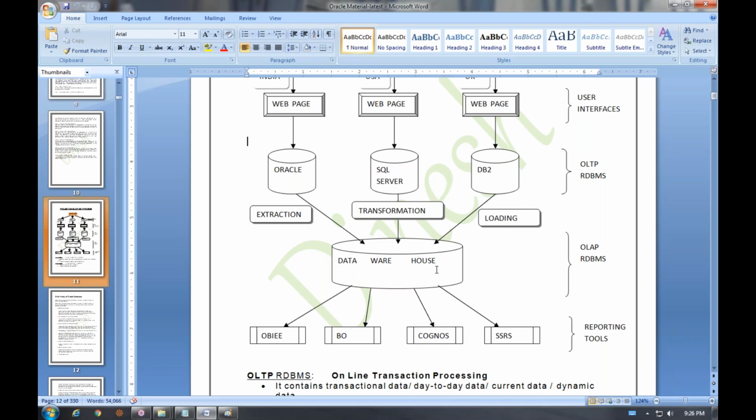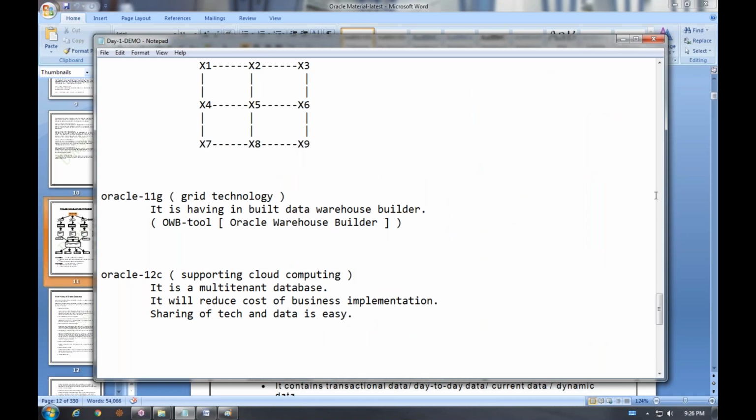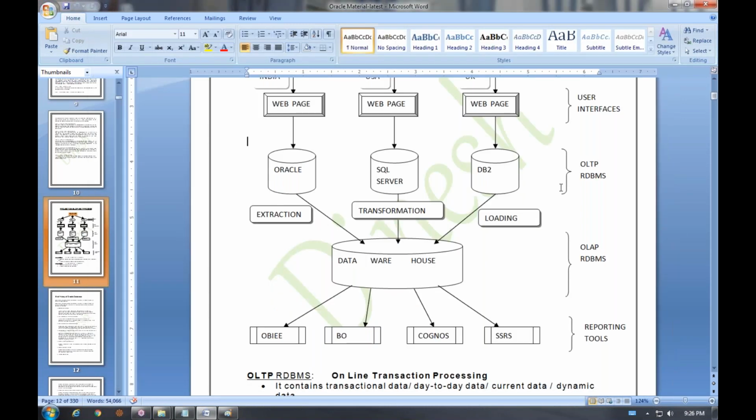Now, why are we discussing all these things? Because of Oracle 11G. Before Oracle 11G, what is the use of Oracle database? You could set up Oracle software as an OLTP database only.